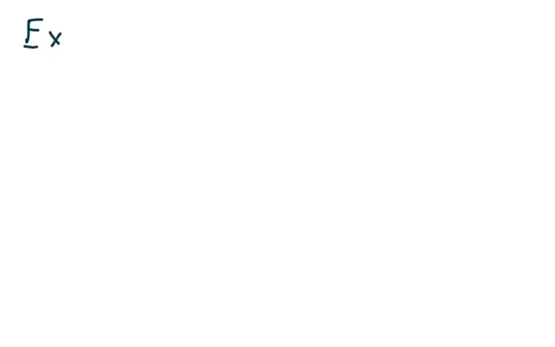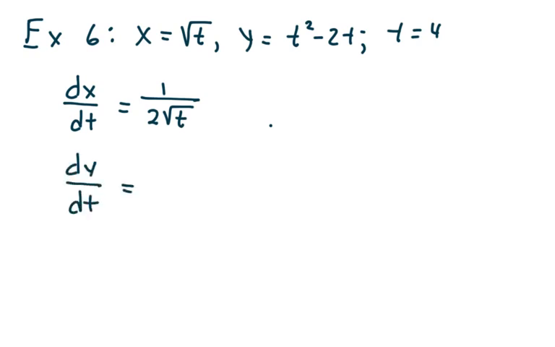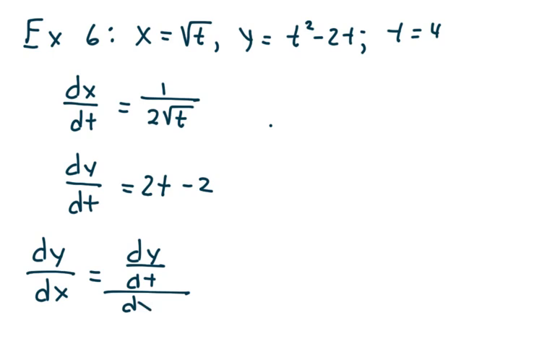Let's do one more for this video. Example 6. Suppose I had x equals square root of t and y equals t squared minus 2t, and my parameter is t equals 4. So dx dt is 1 over 2 square root of t. dy dt is 2t minus 2. So dy dx is dy dt divided by dx dt.